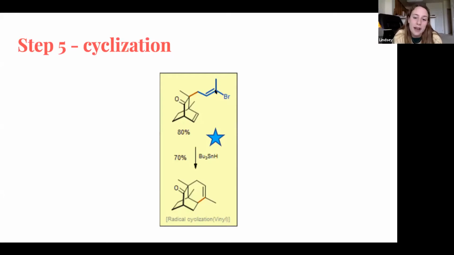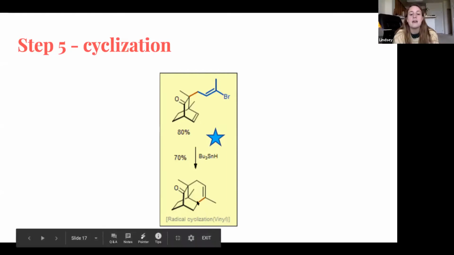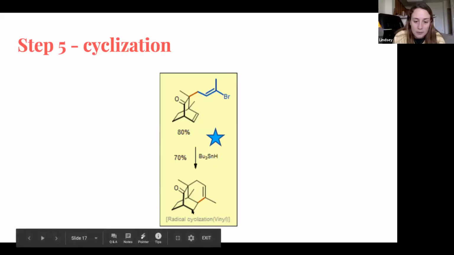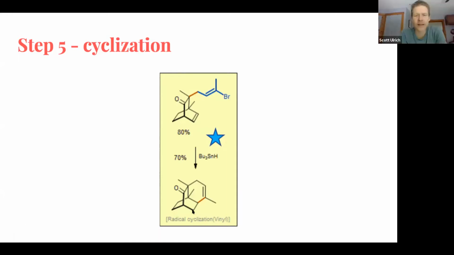And then a radical reaction happens between this carbon and one electron from the pi bond, and it forms this bond right here. Then you have another radical left on this carbon, and it forms a bond with a hydrogen on the tributyltin hydride, which puts a hydrogen on it. Does that make sense? Radical chemistry is tough. Very hard to explain with words. Yeah.